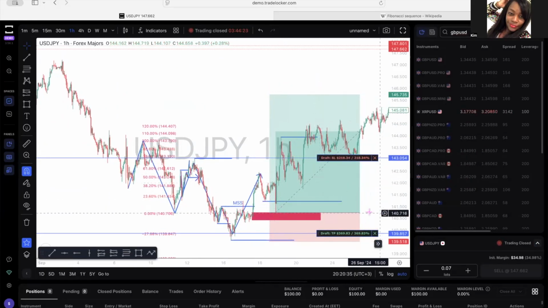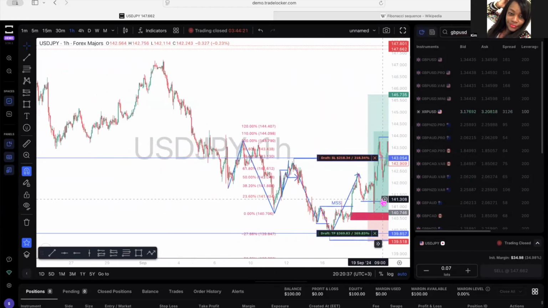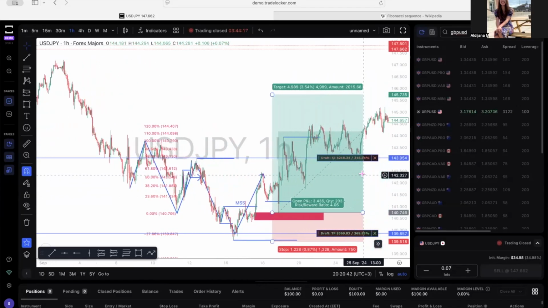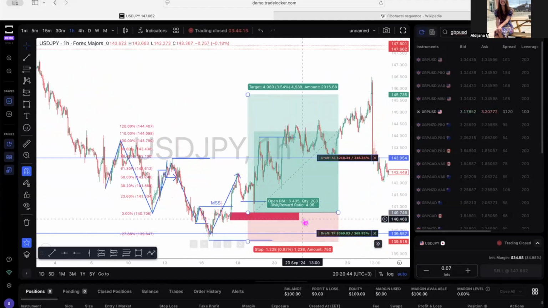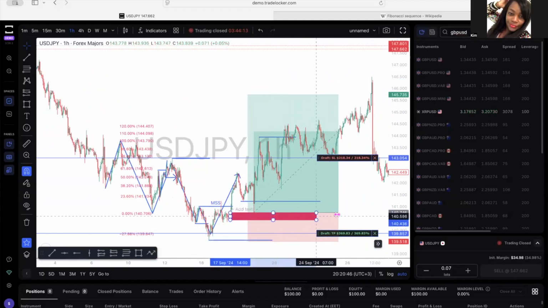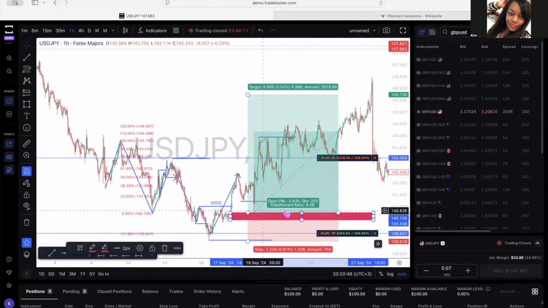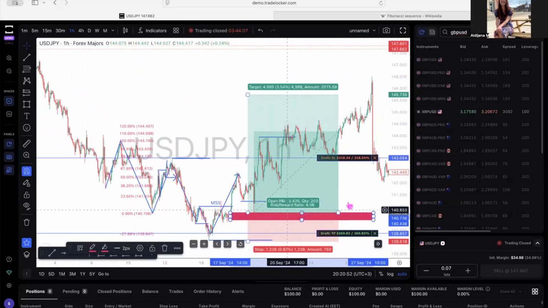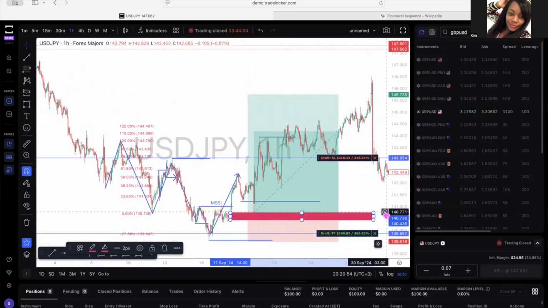So say before, when price gave you this market structure shift, right? And we marked up our demand zone. Before price came into the demand zone, you had the shift. On the demand zone, I'm gonna set a limit. So you see this little cross here?